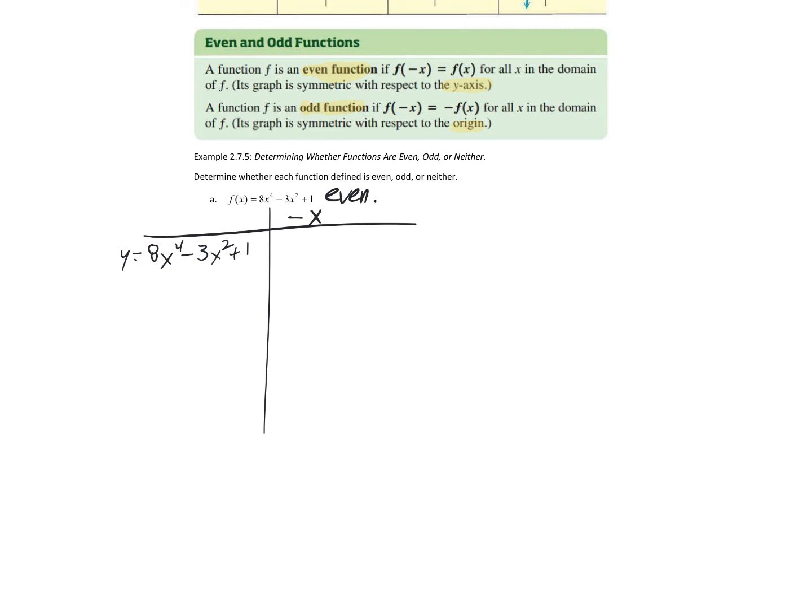Okay, and so what we'll get when we do this, we're going to have y equals 8 negative x to the 4th minus 3 negative x squared plus 1. And again, since these have even exponents here, those signs are actually going to be disregarded.